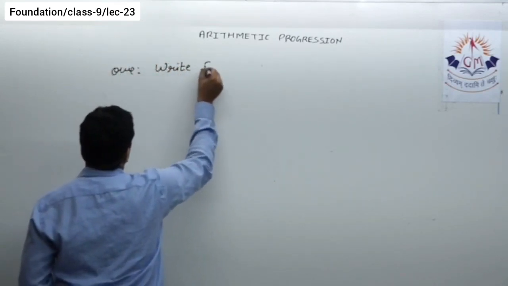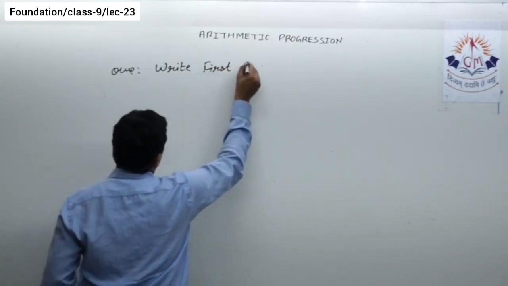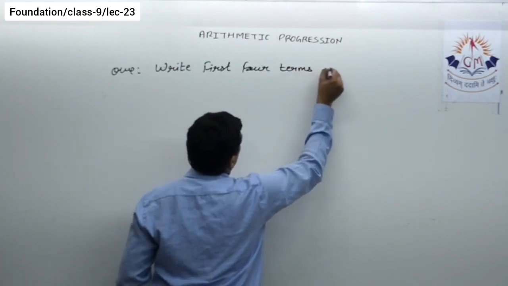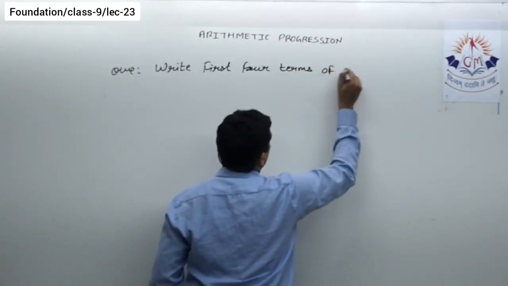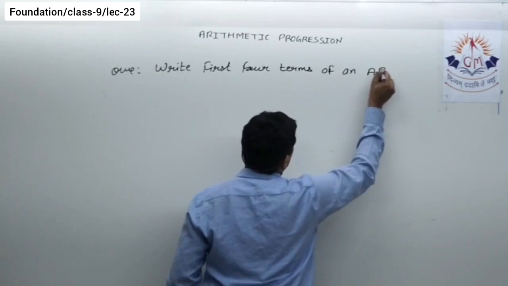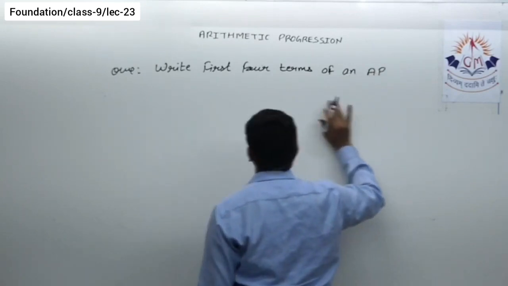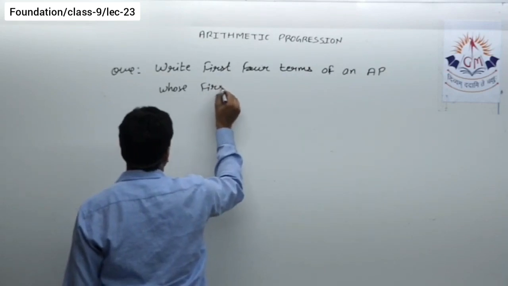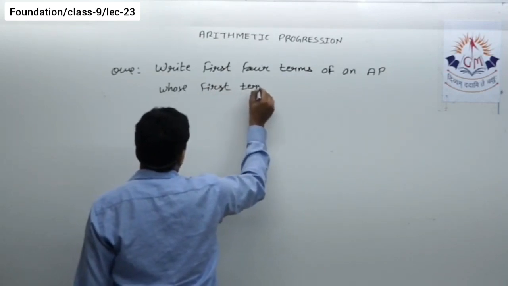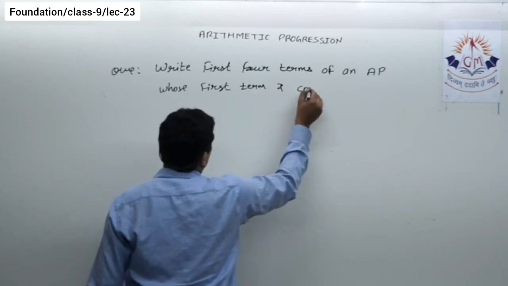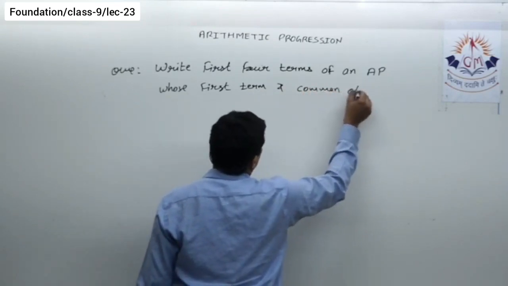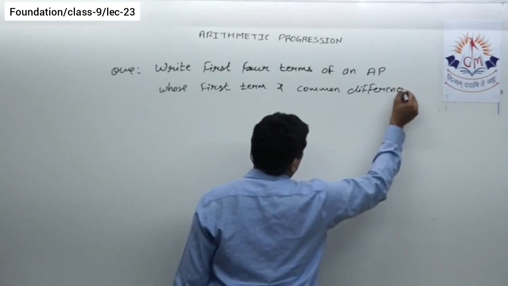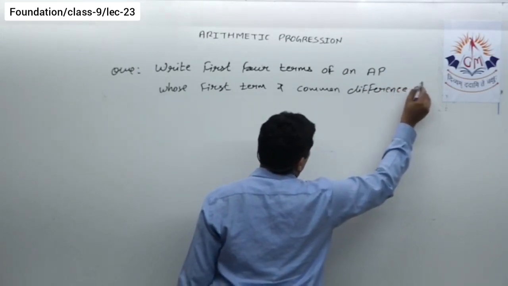So the very first question: write the first 4 terms of an AP whose first term and common difference are given.